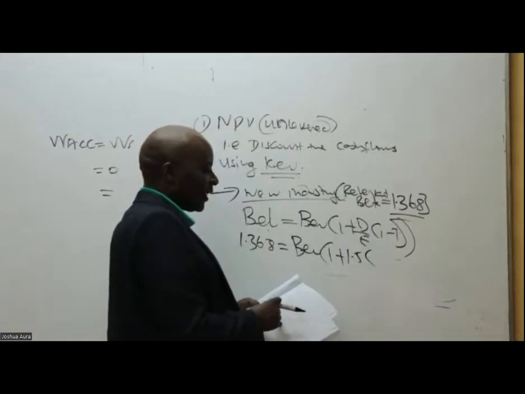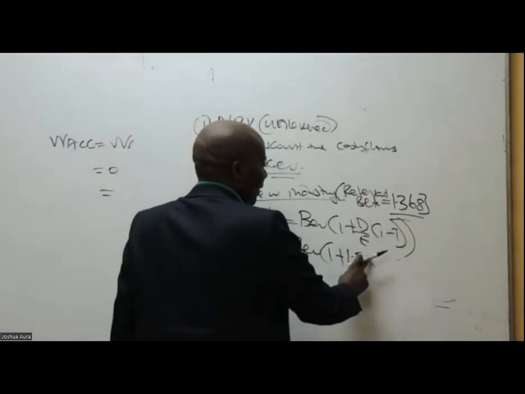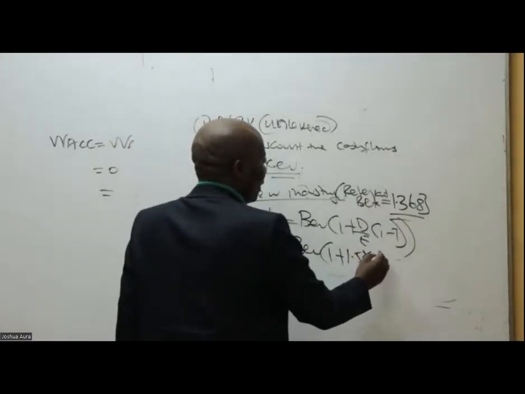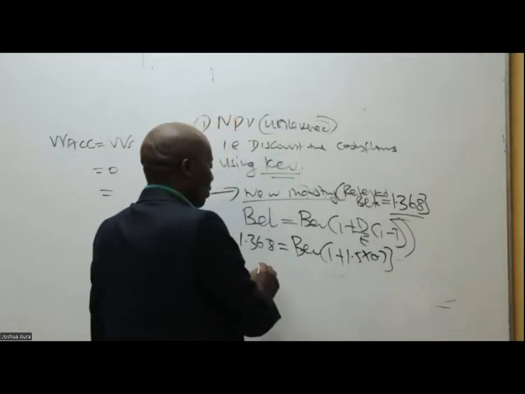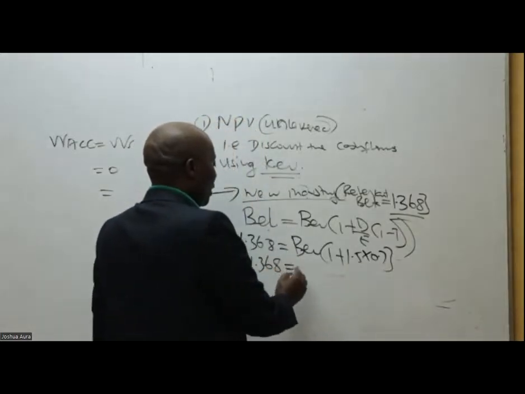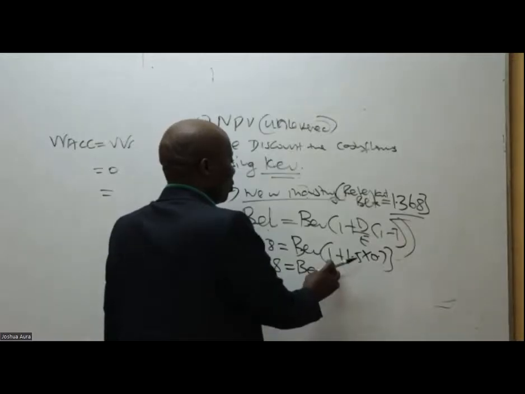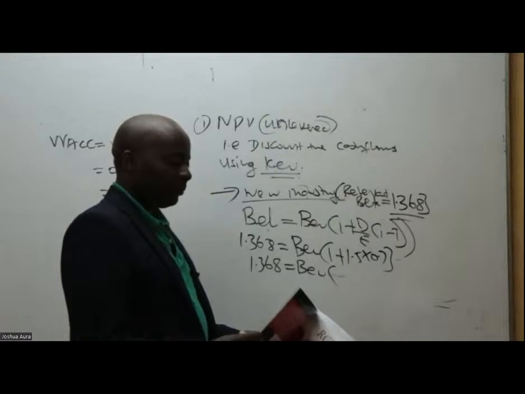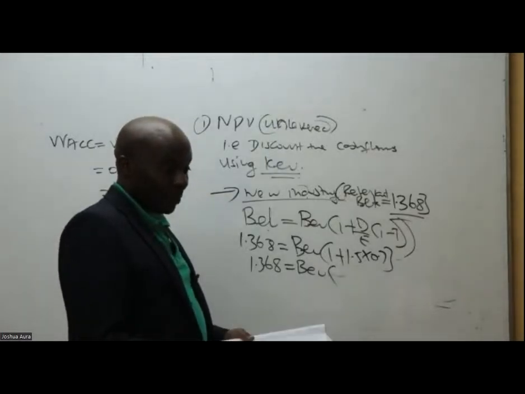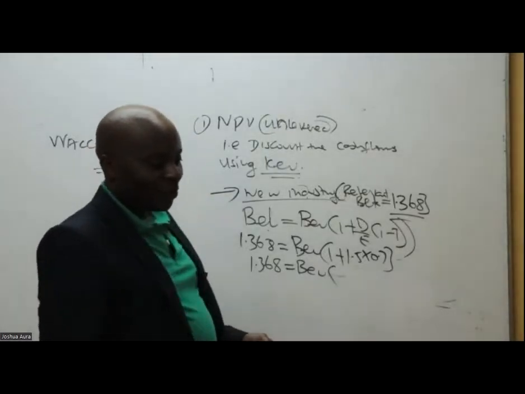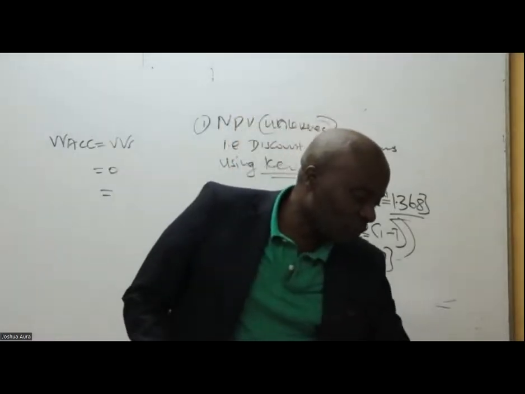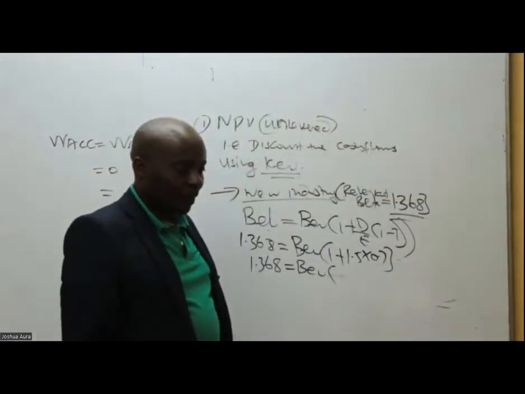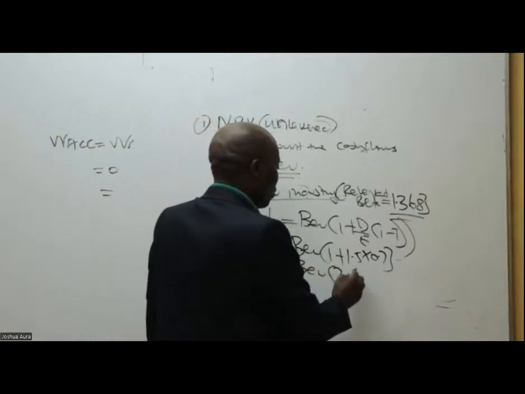The corporation tax rate is 30%. So then this should be 0.7. So then 1.368 equals beta unlevered times this and this. It gives me what figure? You must move with speed. 2.05.